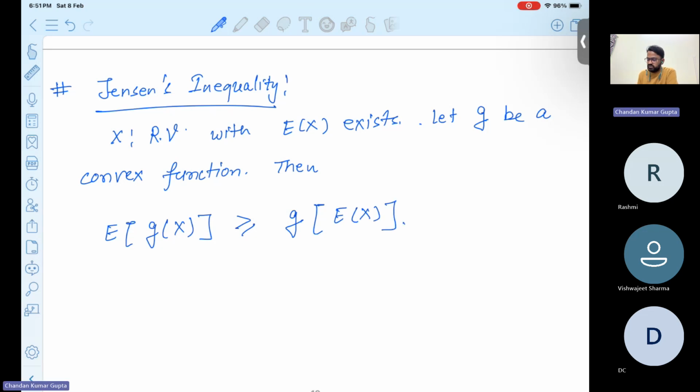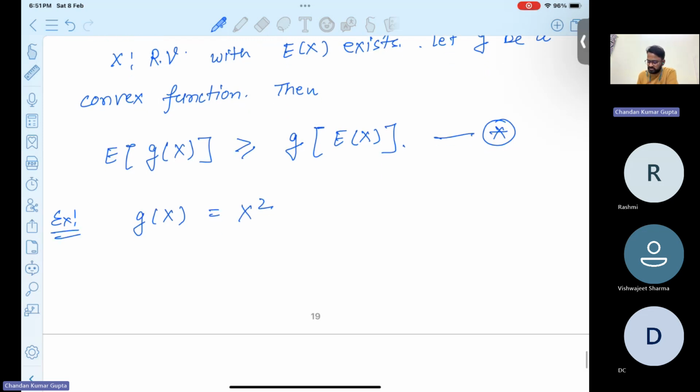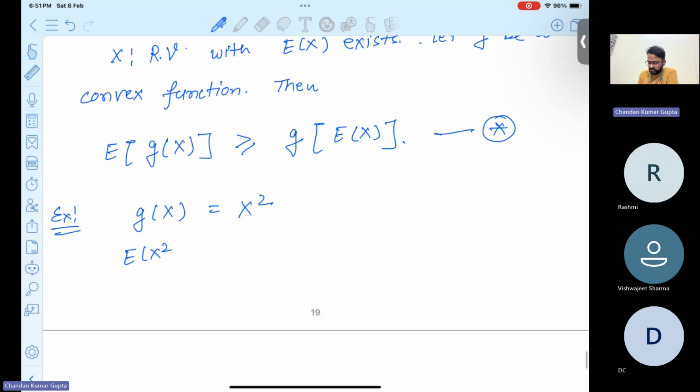This inequality is known as Jensen's inequality. We can see one example. Suppose we have a random variable X and G of X is equal to X square. In that case, expectation of X square is always greater than or equal to expectation of X whole square.